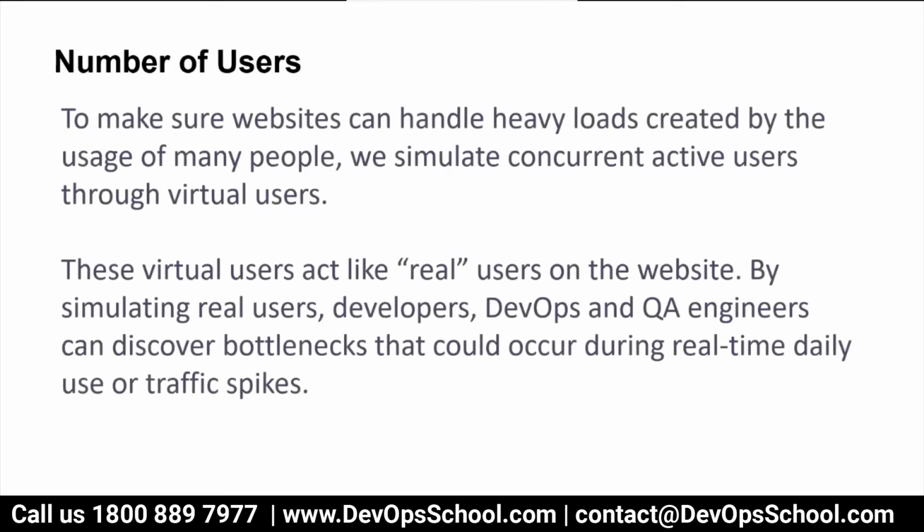Number of users per minute or per second on my website. My website name is DevOps School, and the traffic which I'm getting is maybe 500, 600 people per minute. But Amazon.com has millions of people, right? Flipkart.com, millions of people. HDFC, ICICI, they have millions of people.